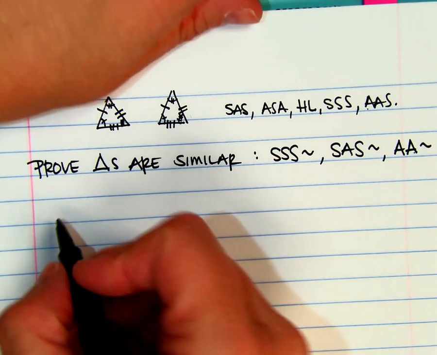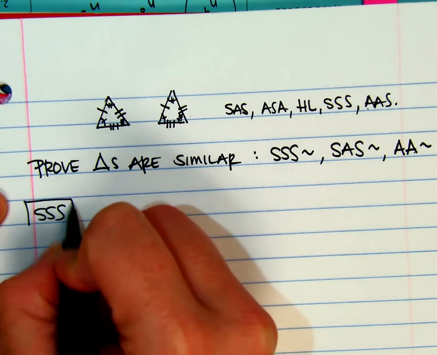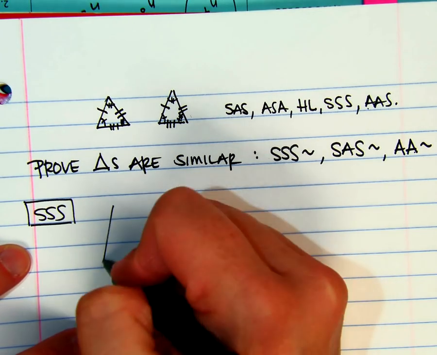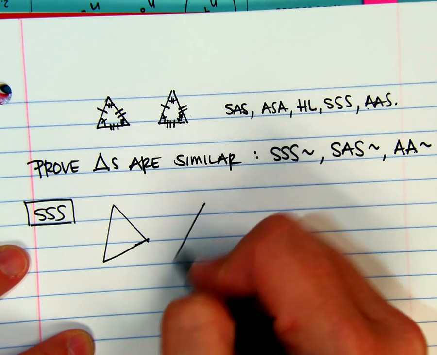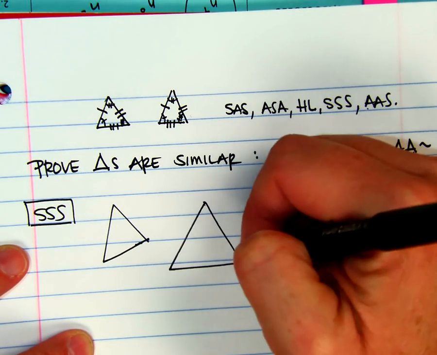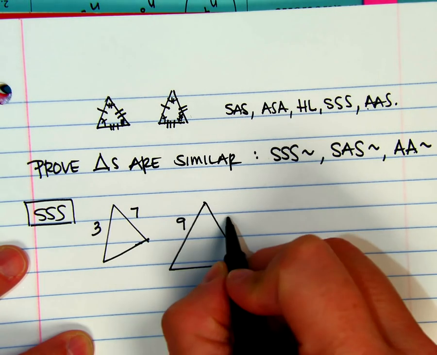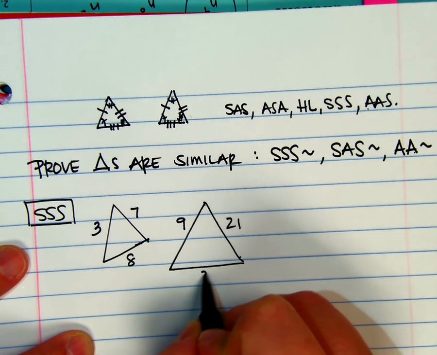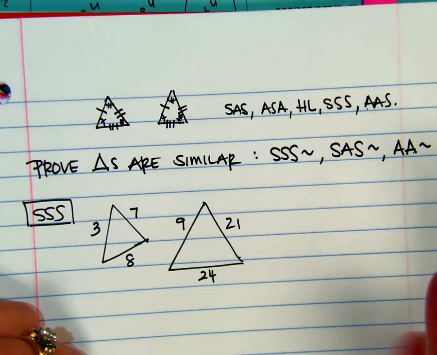Okay, so for side, side, side, it's exactly like you would think it would be. You have to prove all 3 pairs of sides are proportional. Be careful that your figure is not flipped or rotated.